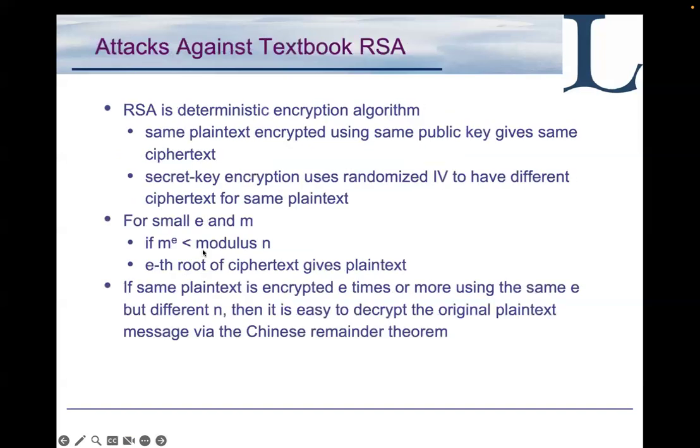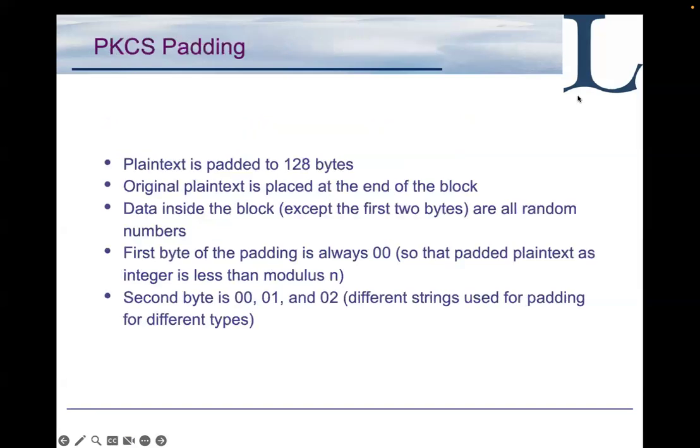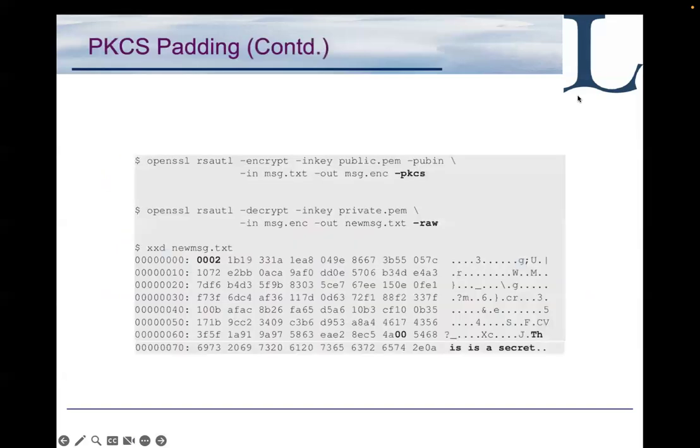You basically add some values to your target text so that the resulting number is large, and then this m to the power e larger than n holds. There are a couple of other schemes. This PKCS number one we have seen in the certificate for one of the websites. There is another one. Here you can see the details of how it looks practically using the APIs.